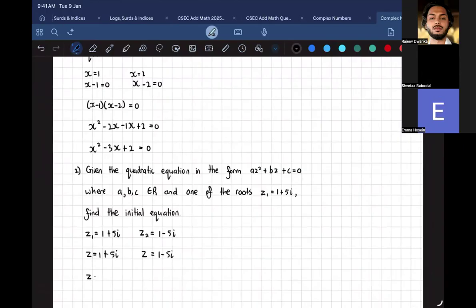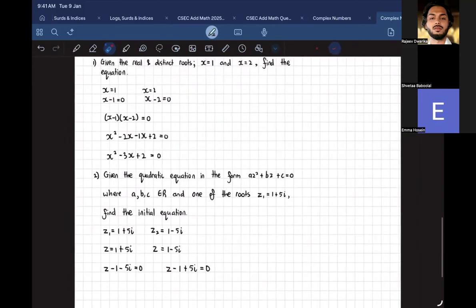So I'll end up with z minus 1 minus 5i is equal to 0. Do you understand why I'm going to do that? Yes. And over here, I'm going to end up with z minus 1 plus 5i is equal to 0. Yes or no? Yeah. So, Shweta, you understand that I essentially did what was done over here, right? Because in that case it had a real root, but in this case, it's a complex number. So it's the same process.